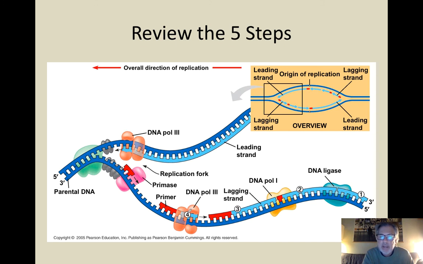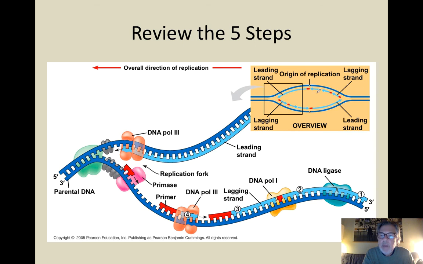They're all nicely labeled. On the leading strand, notice in this picture, the primer was laid way back here out of the picture. And since then, DNA polymerase has just been able to keep copying into the opening of the DNA.